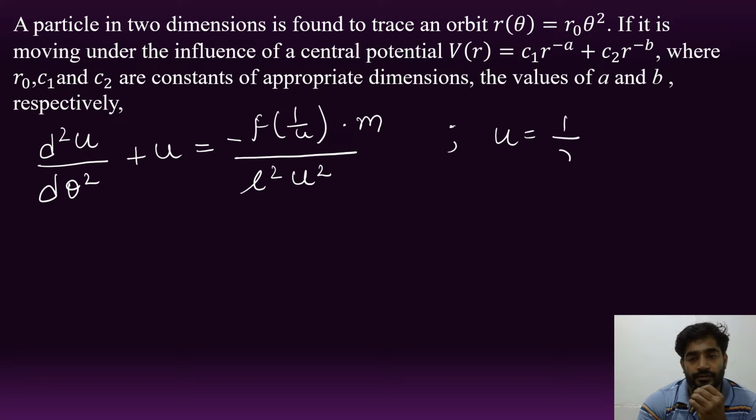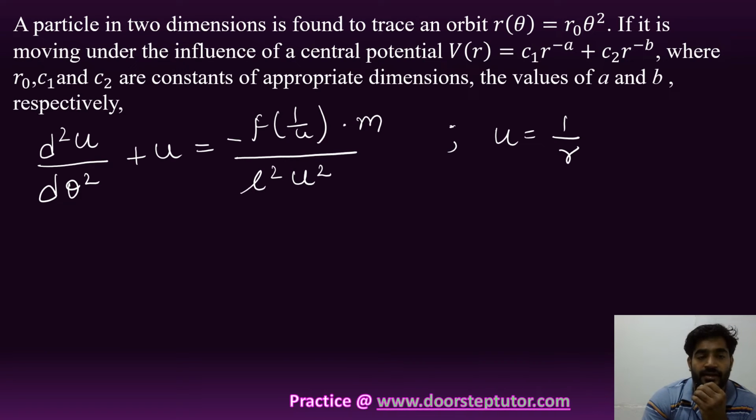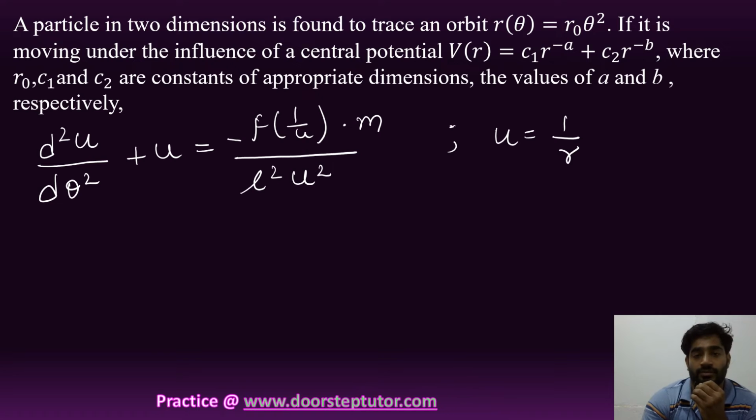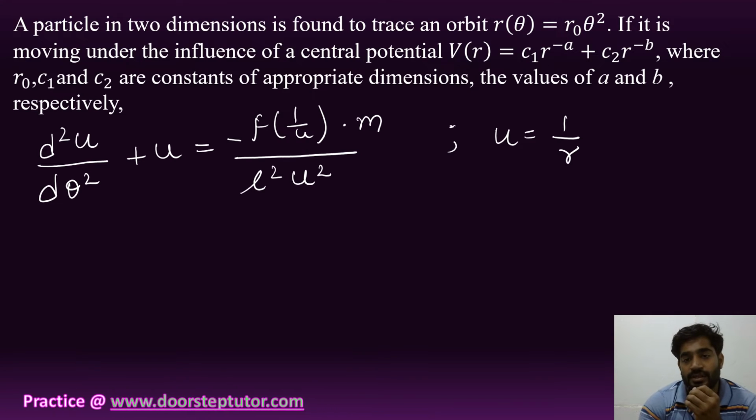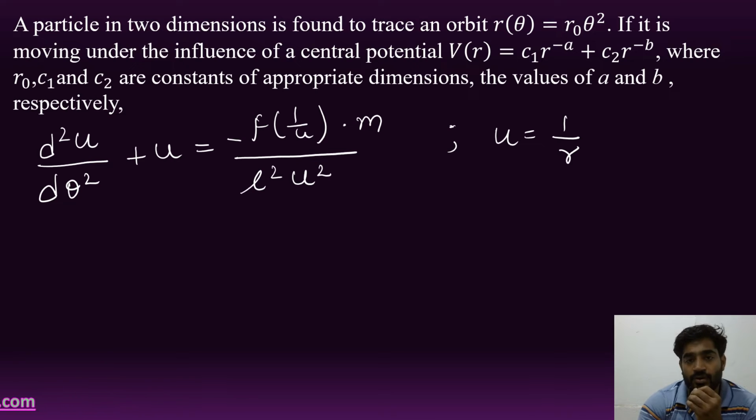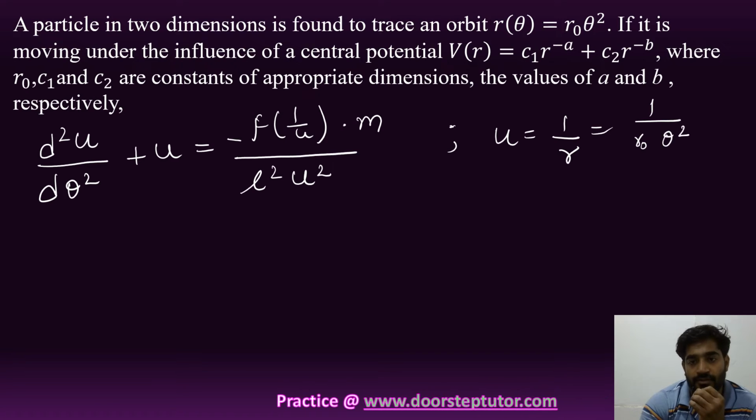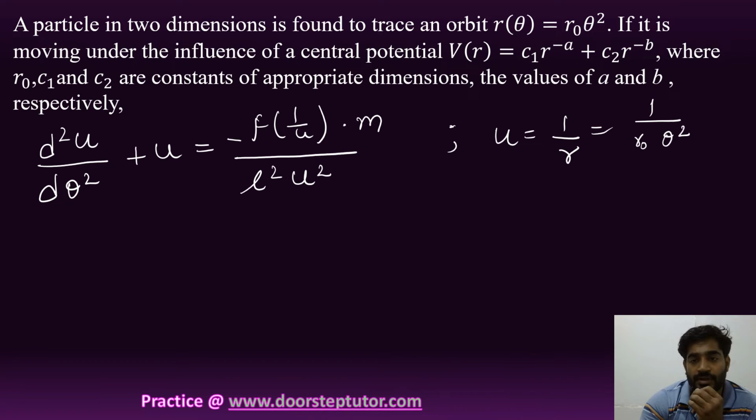u is 1 by r. To satisfy this equation, I have to find d2u upon d theta square, but u is in terms of r. The orbit distance is in terms of theta, so r is r naught theta square. So u is 1 by r naught theta square.